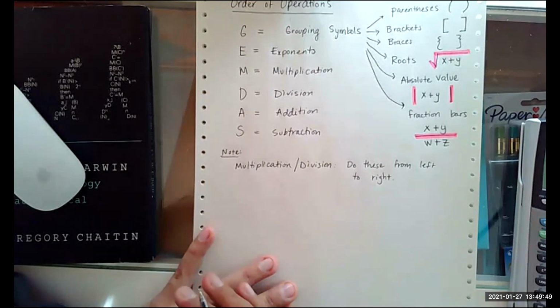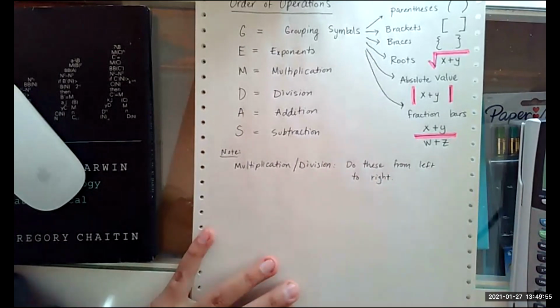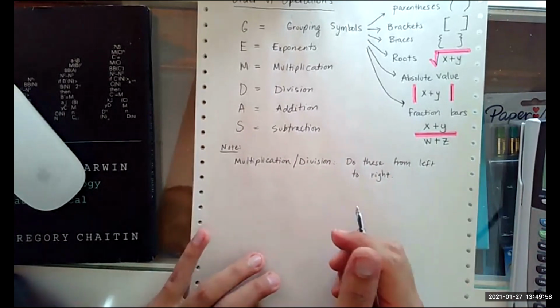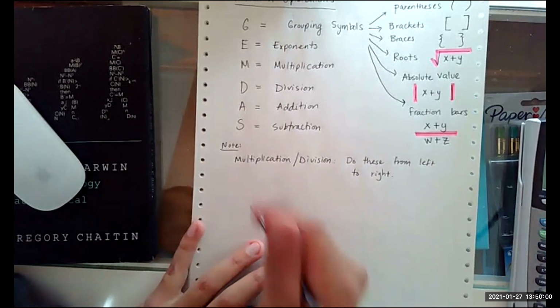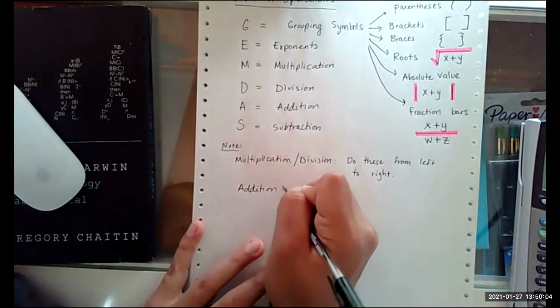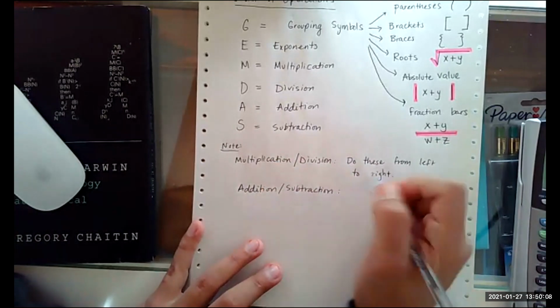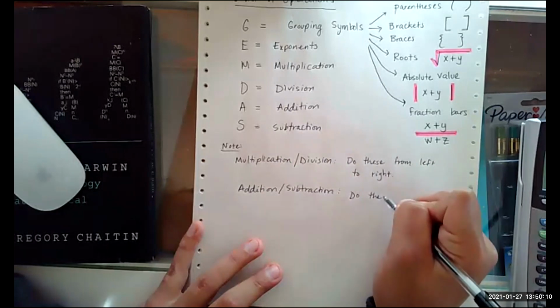So if division comes first in a problem, we're going to take care of division. That is, if it appears on the left, we're going to go ahead and take care of that, and it won't change the result. And when we have only addition and subtraction, we're going to do these from left to right as well.